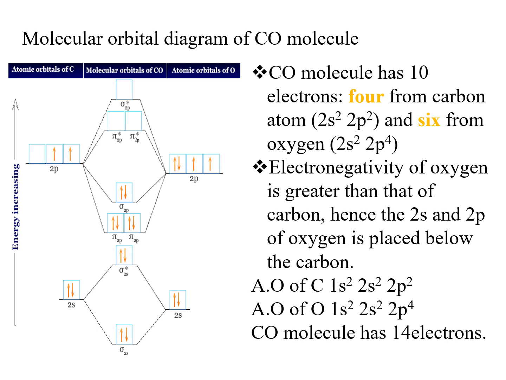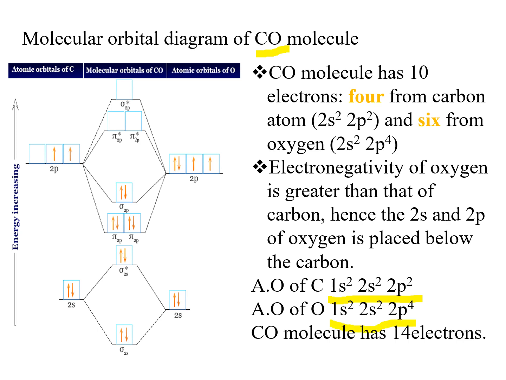Before, we discussed homoatomic molecules. Now we are going to discuss heteroatomic molecules. Here we take the CO molecule, carbon monoxide. Carbon has atomic number 6 and electronic configuration 1s2, 2s2, 2p2. Oxygen has atomic number 8 and electronic configuration 1s2, 2s2, 2p4.